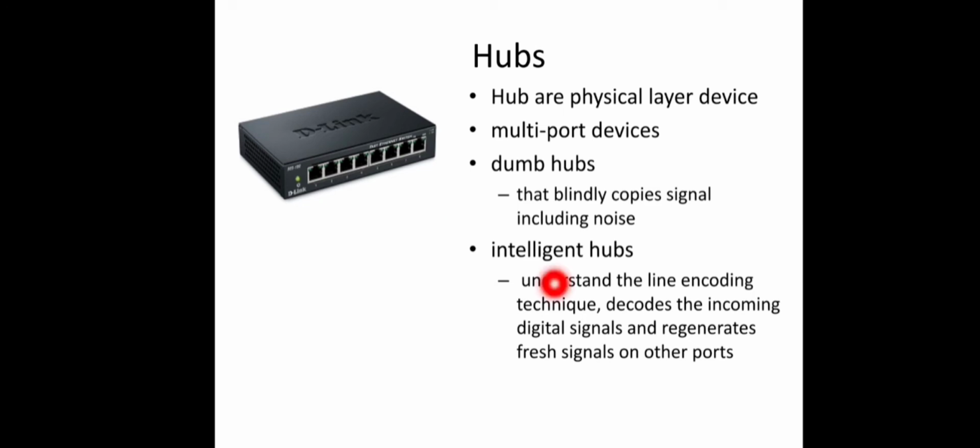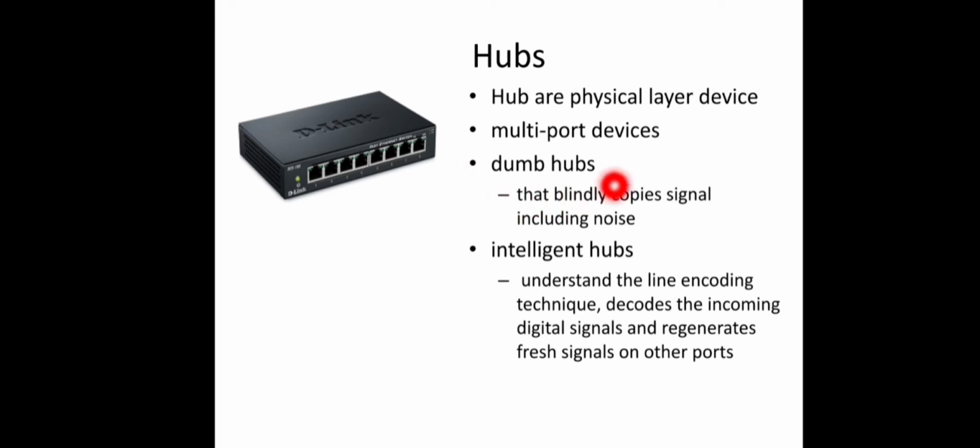Whereas in case of an intelligent hub, it acts as a repeater also. That means it understands the line encoding technique, decodes incoming signals and regenerates fresh signals on other ports. So in this case, we can call it a multi-port repeater. As the hub does not have any decision-making capability, what it will do is receive a signal on one line and copy the same over all the other lines.